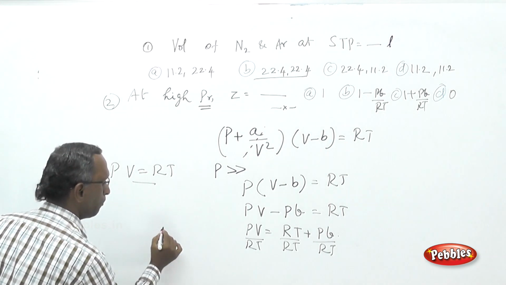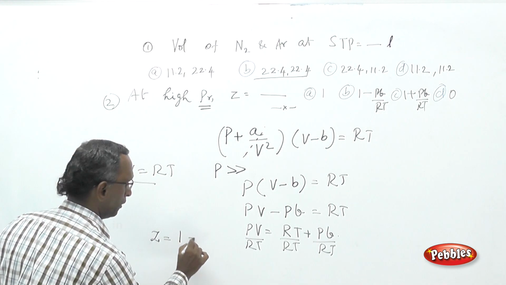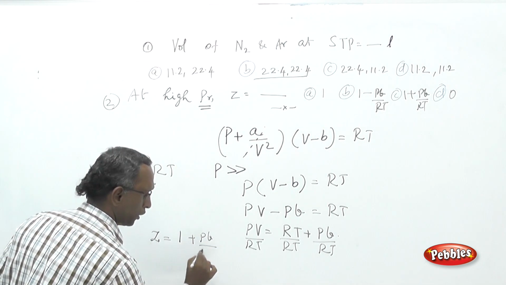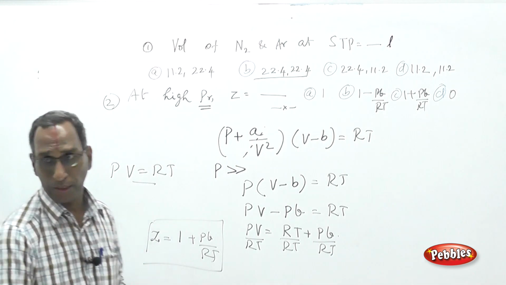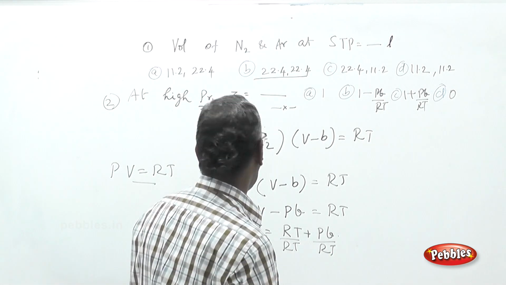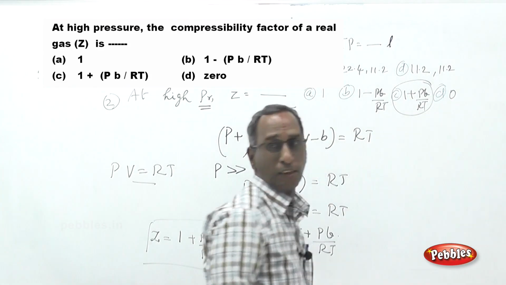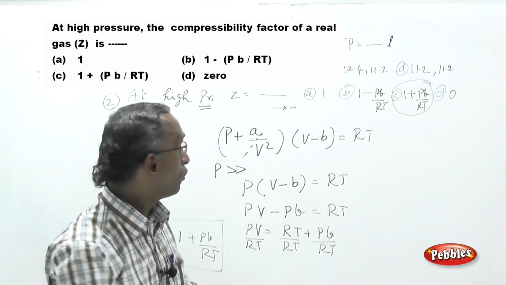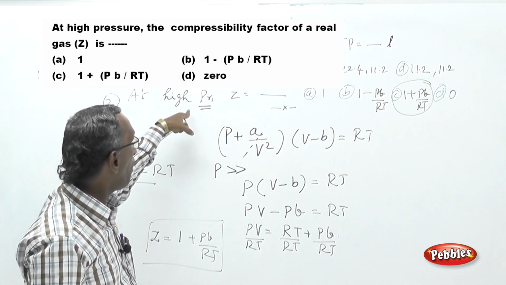PV by RT is nothing but the compressibility factor by definition. RT by RT is 1, plus Pb by RT. So the compressibility factor for the high pressure case is 1 plus Pb by RT, which is given as the third choice. Similarly you can work out the low pressure, high volume condition.